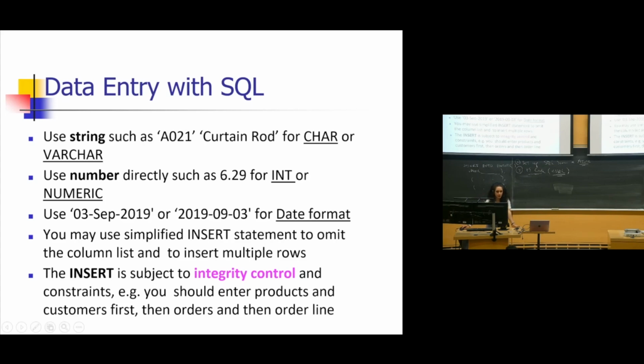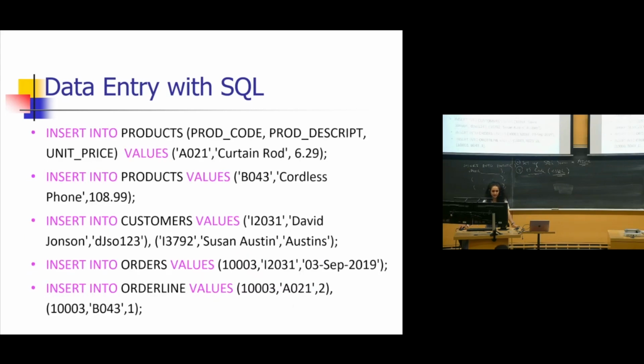And if you're using a number, like integer or numeric data types, you can just directly write them. So if I go back here, as you see, I put quotes on these two while the number should not have them. Otherwise, you'll get an error and then you'll fix it.